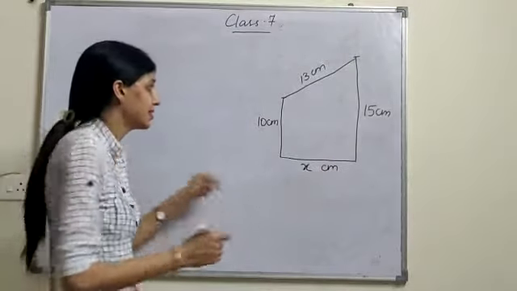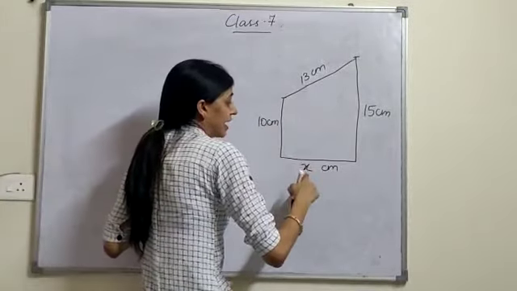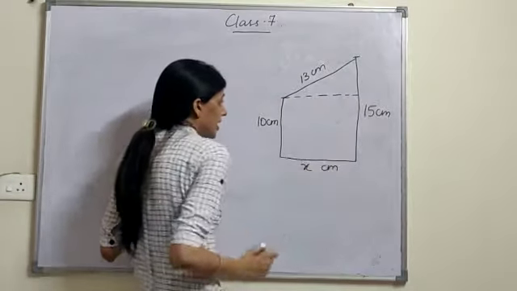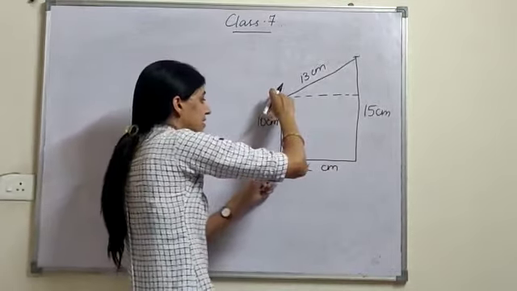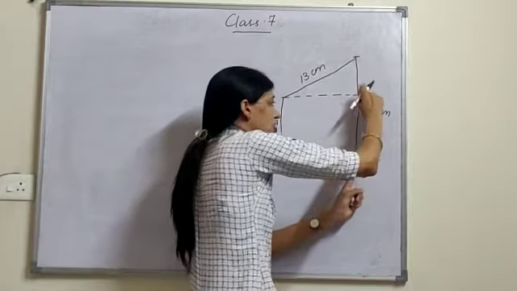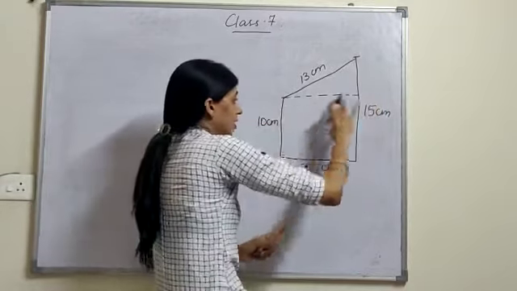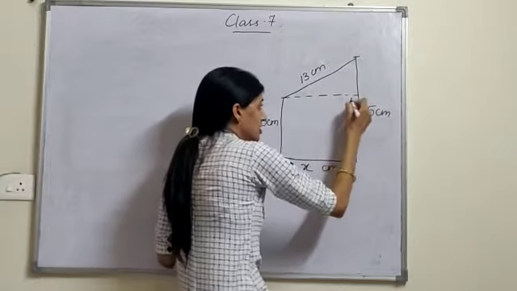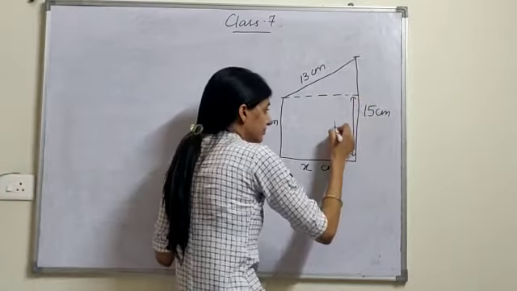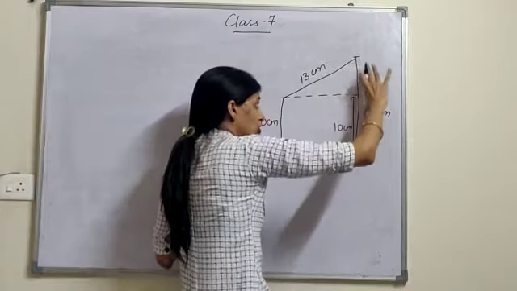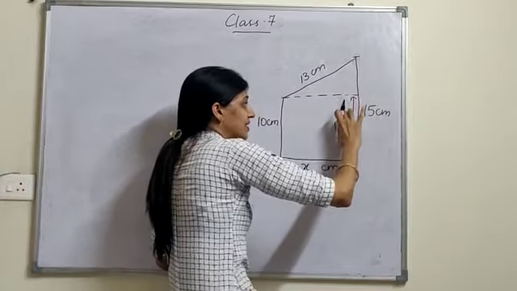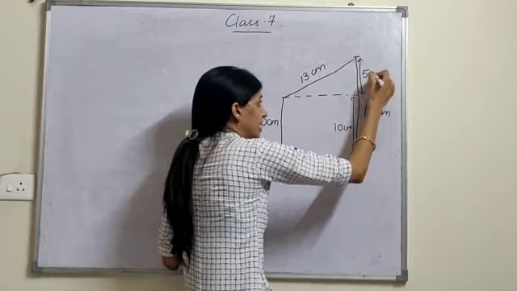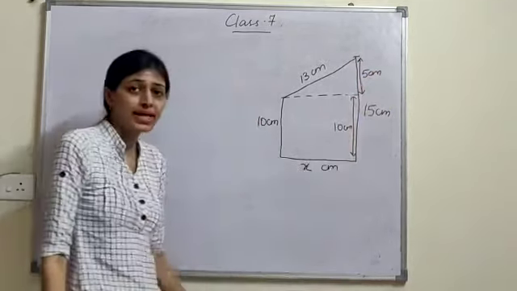This is x. So if I have to find x, let's do a construction from here. If this distance is 10, then this distance is also 10. These are equal distances, straight line. If this total is 15 and this is 10, what does this come out to be? This comes out to be 5 centimeter, right?